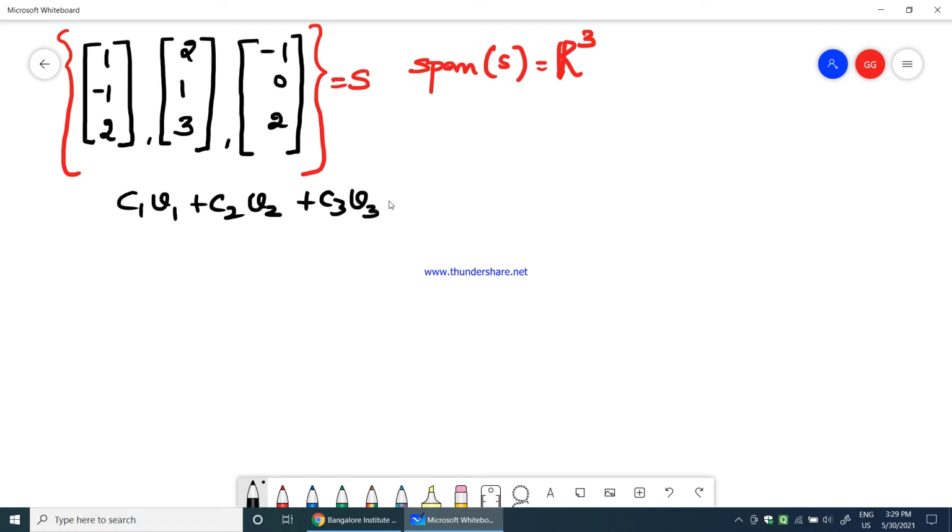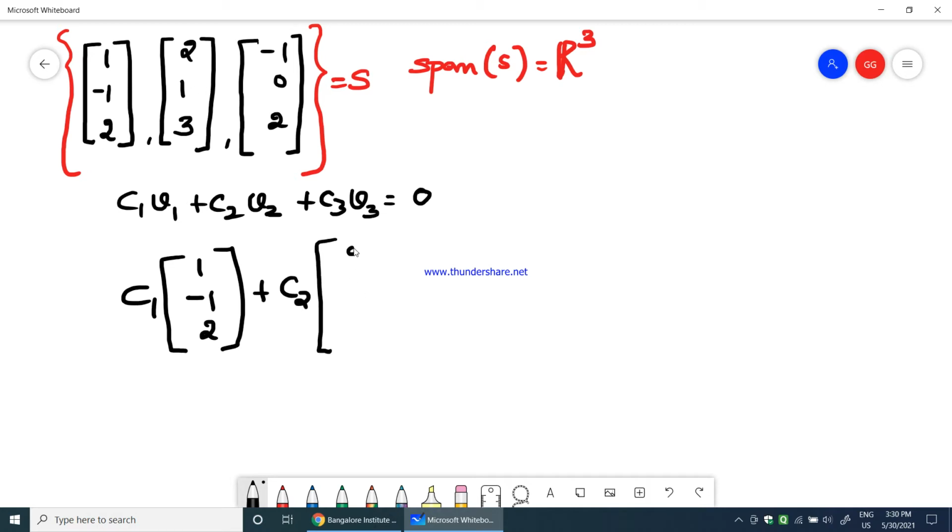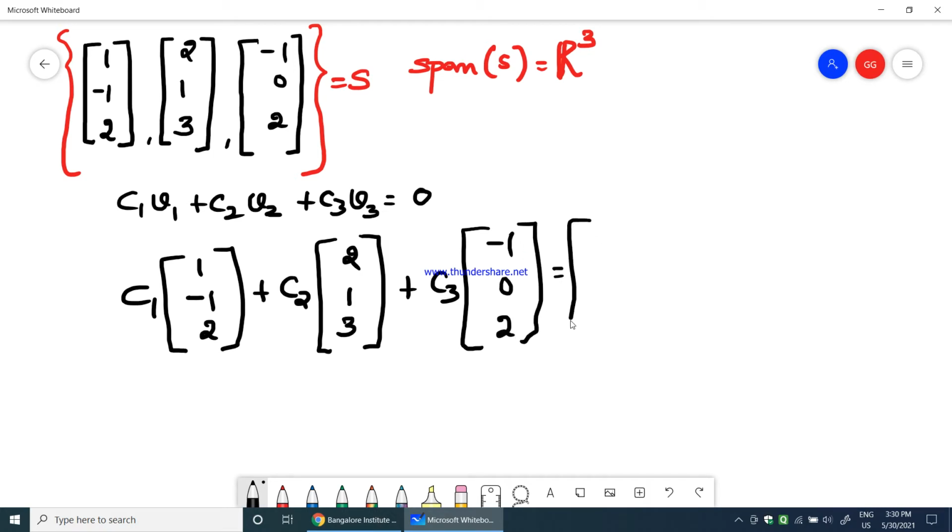Normally we equate it to 0 in our earlier discussions, but here we take C1 multiplied with the vector V1, which is 1, minus 1, 2, plus C2 multiplied with V2, which is 2, 1, 3, and then C3 multiplied with minus 1, 0 and 2, which is equal to X, Y and Z. Now why are we writing this X, Y and Z?